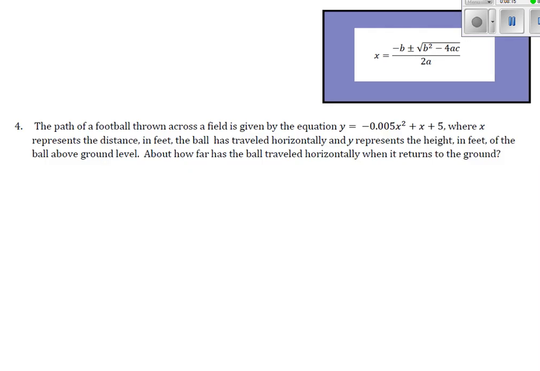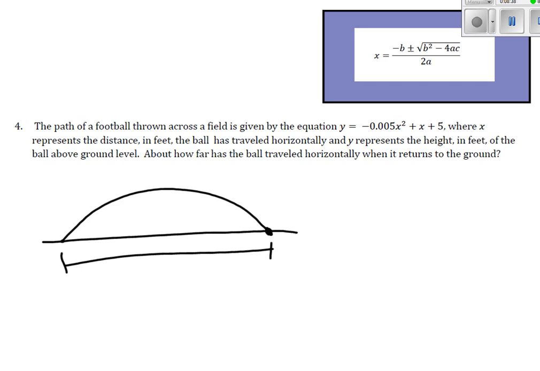So the path of a football thrown across the field is given by negative 0.005x squared plus x plus 5. How far has the ball traveled horizontally when it hits the ground? Basically, they're saying if this is the path of the football, how far is this? Wow, if only we could represent that and figure out zeros.